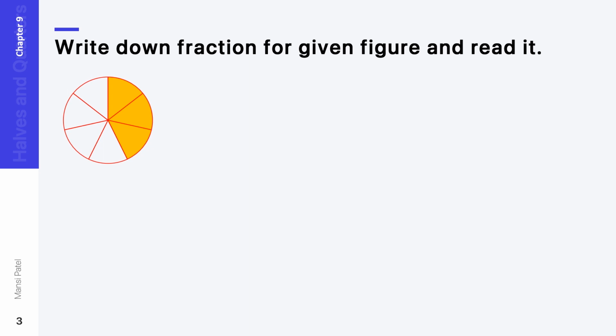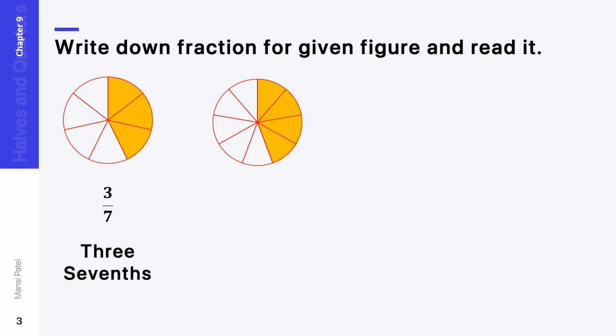So 7 we have to write down in the denominator. Out of these 7 parts, how many parts are shaded? 3 parts are shaded. So 3 you have to write down in the numerator. So your fraction is 3 upon 7. What is the number name of this fraction? That is 3 sevenths.